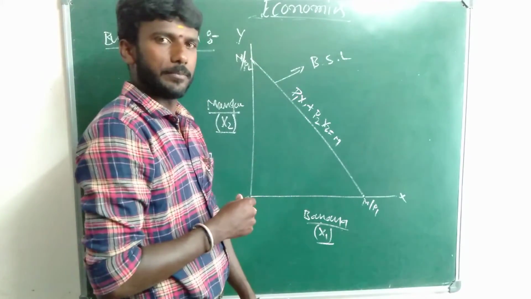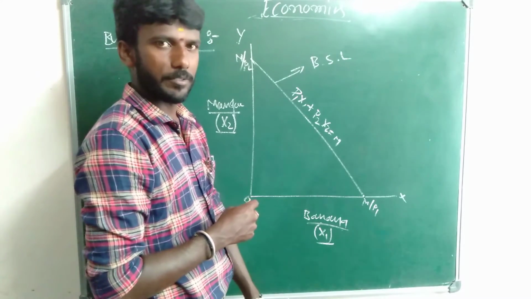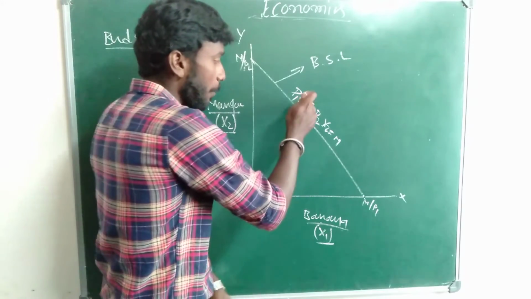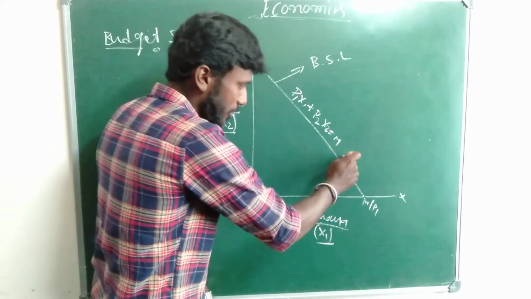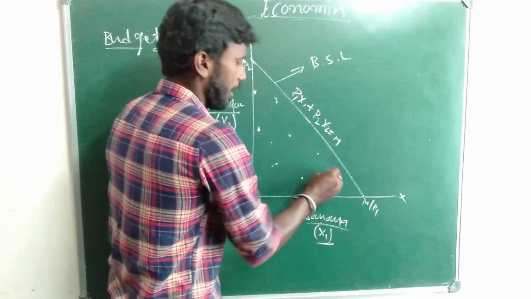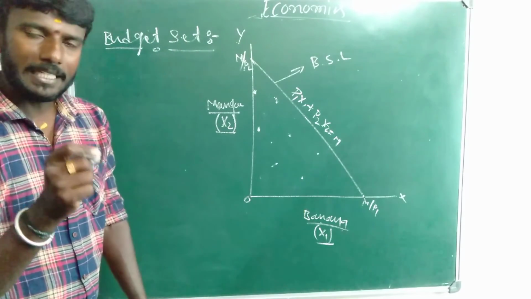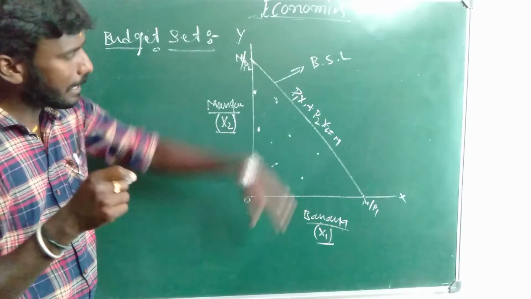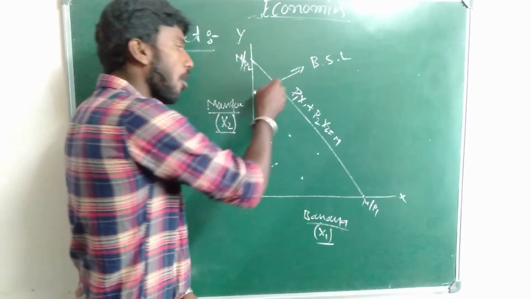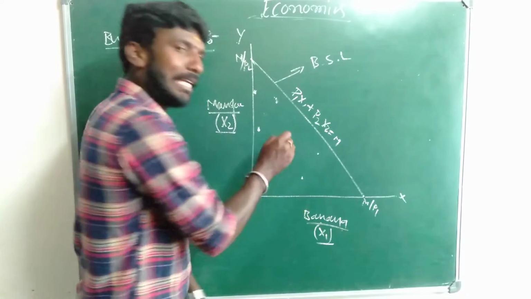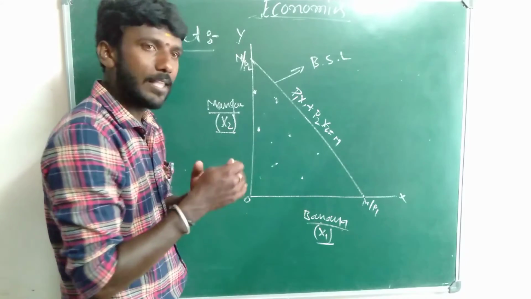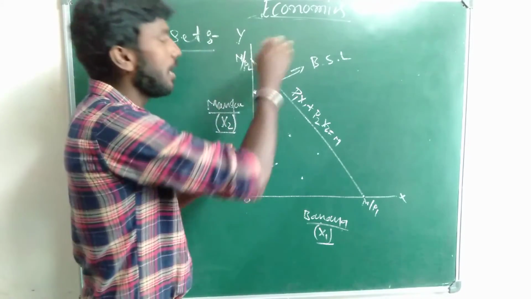See, some points or some bundles, suppose they lie below this budget set line. If a point is located below the line, it clearly shows that the cost is less than the consumer income.